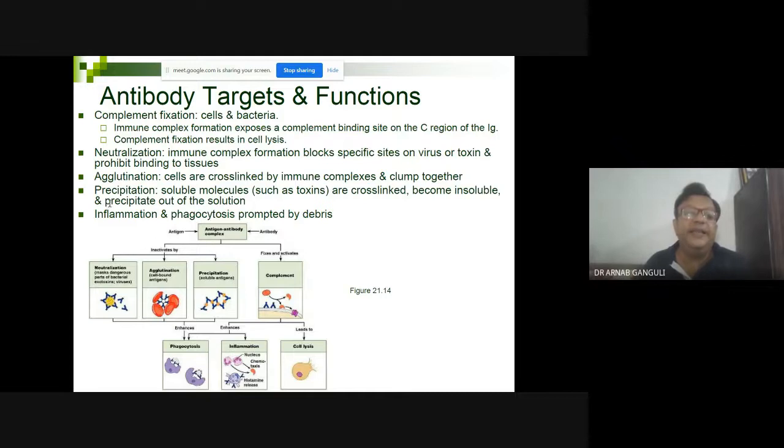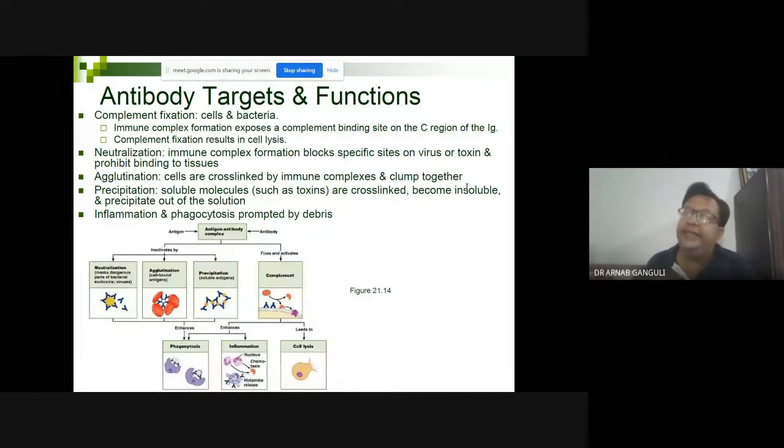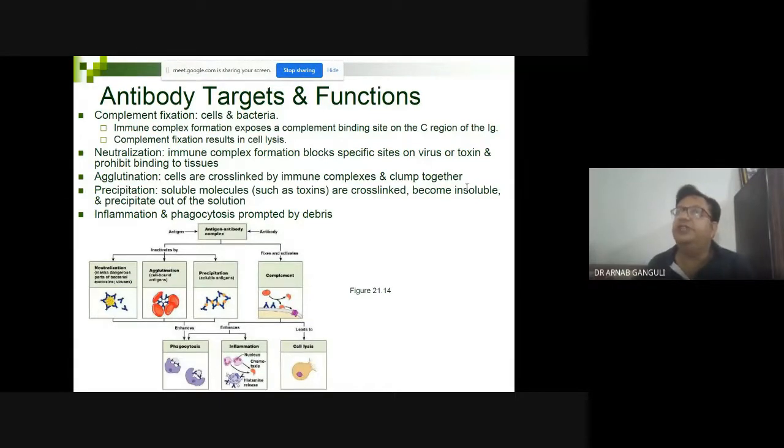Then precipitation. Soluble molecules such as toxins are cross-linked and become insoluble. Like some bacterial toxin or poison which has been released, soluble in your blood, but causing harm. The antibodies go and bind to these solutes, cross-link them, and make them insoluble.